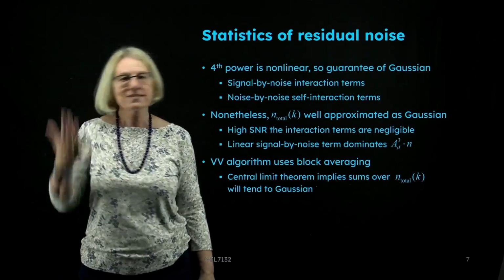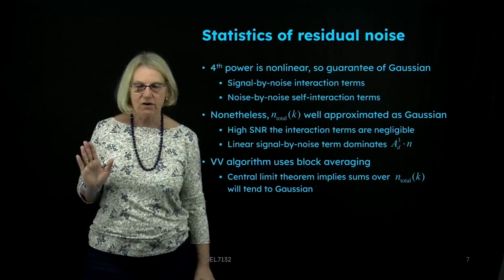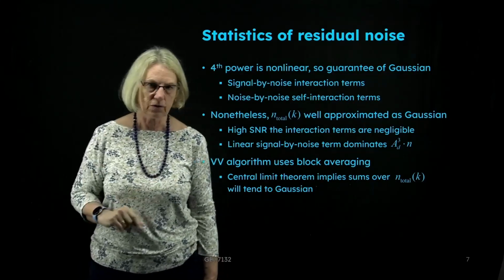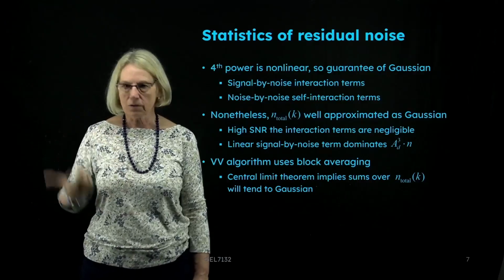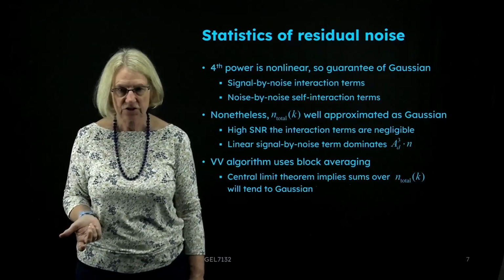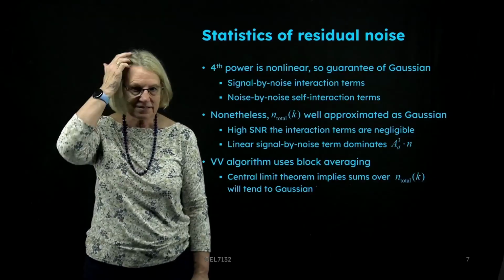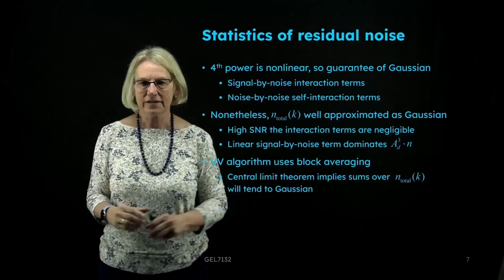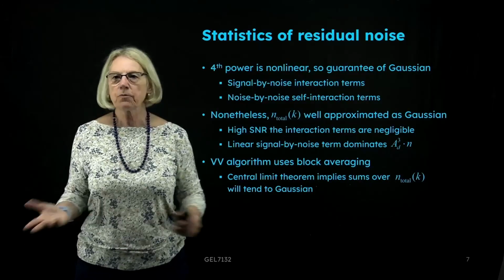So when I take something to the 4th power, that's not a linear operation. So if I started out with Gaussian noise, there's no guarantee that I'm going to get Gaussian noise afterwards. There are these signal by noise interaction terms, and there's noise by noise self-interaction terms. But despite this, this term that I call n total is still well approximated as Gaussian. There's a couple of reasons for that.